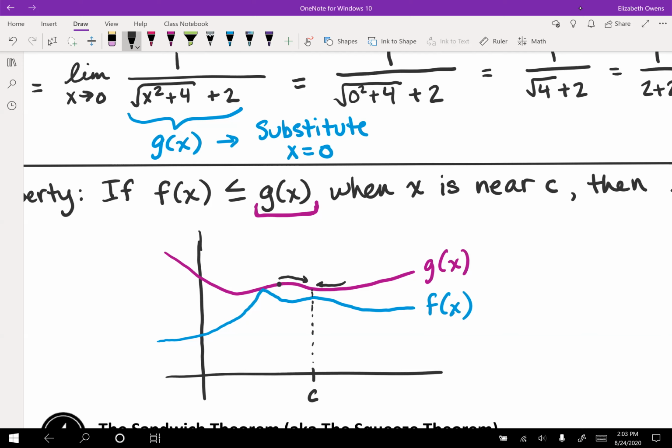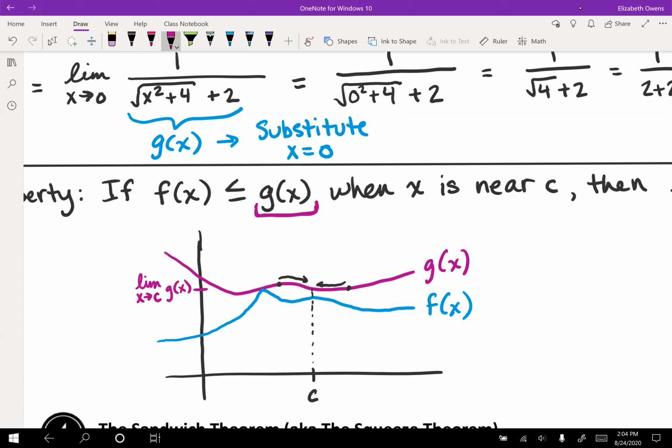So you would start here maybe, and then bring your fingers together until you locate that limit value. And it does match up from both sides, so we have a limit here. We would say this is our limit as x approaches c of g of x.